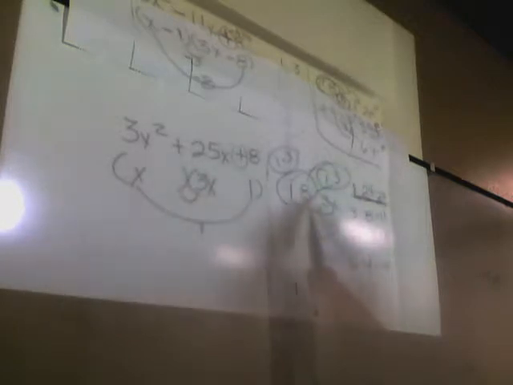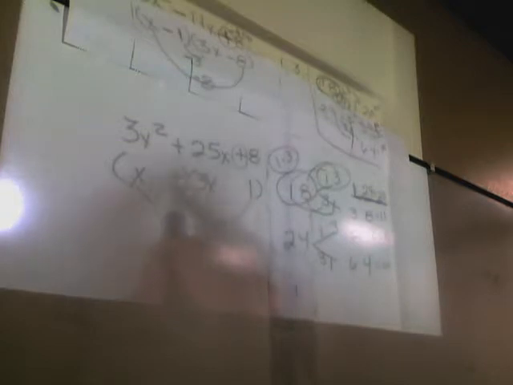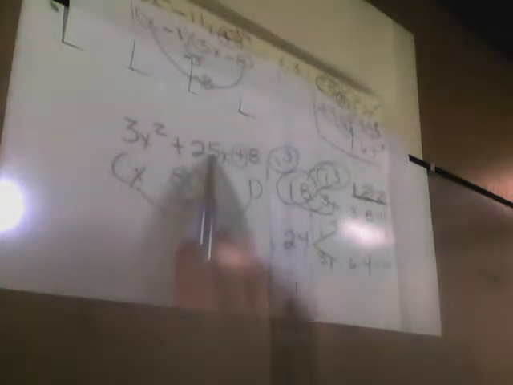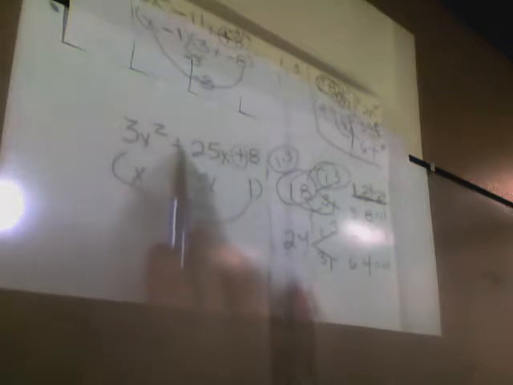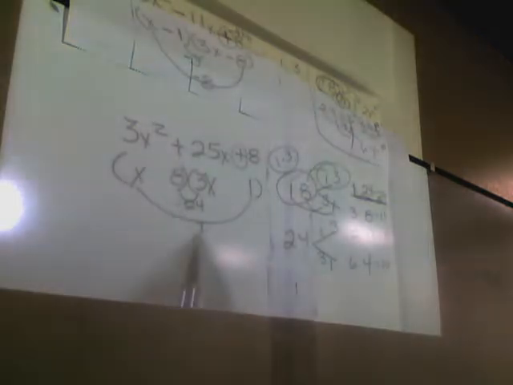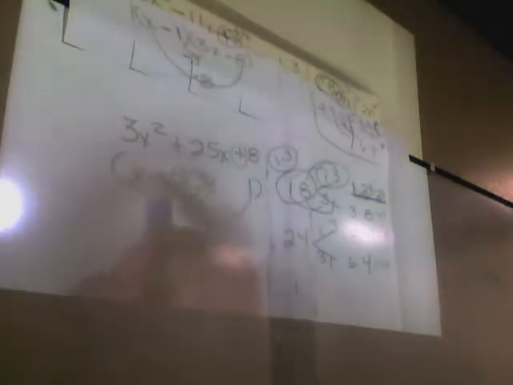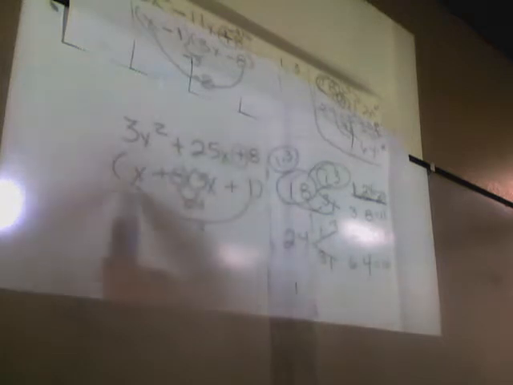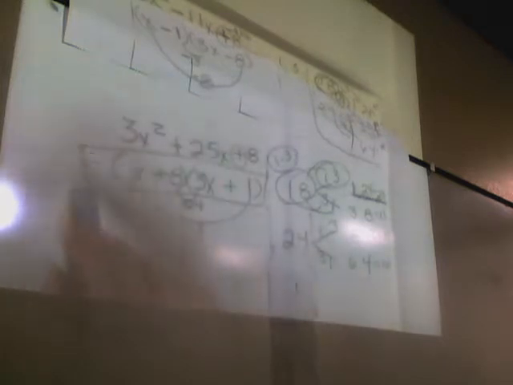And the 8 has to be multiplied times the 3. 8 times 3 to get the 24. This is a positive 25, so they both need to be positive. If this had been a negative 25, they would both be negative. So there's a positive here and a positive here. So there's your answer right here.